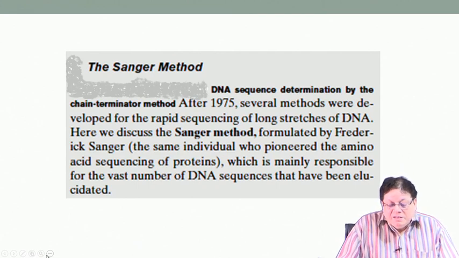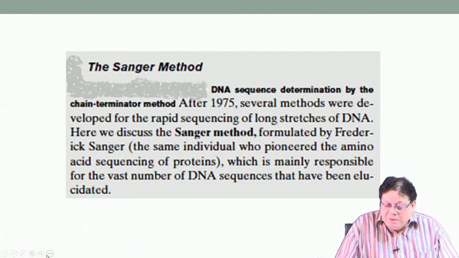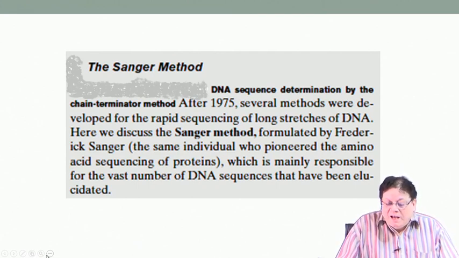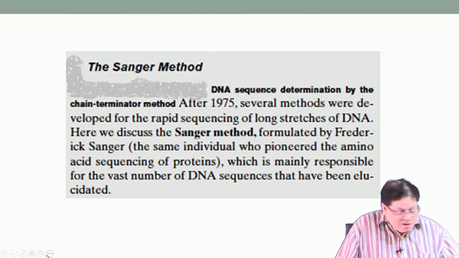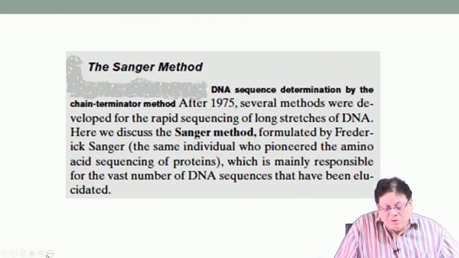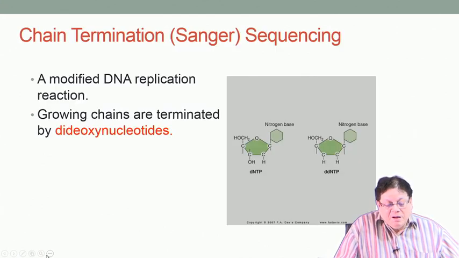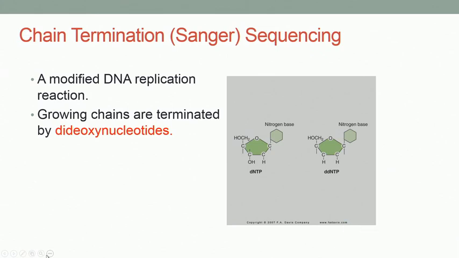Sanger's method is an enzymatic method, but it is also known as the chain terminator method or the dideoxy method. These are the other names given to Sanger's method of determining the sequence of bases in a DNA.